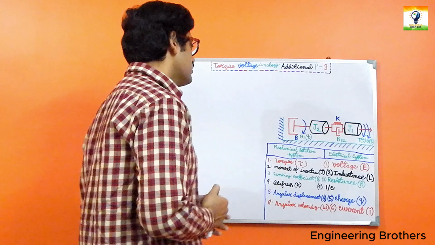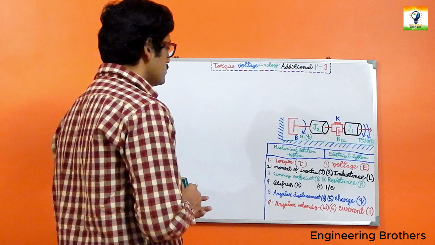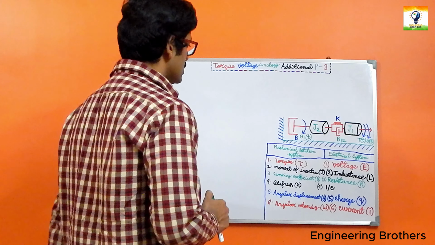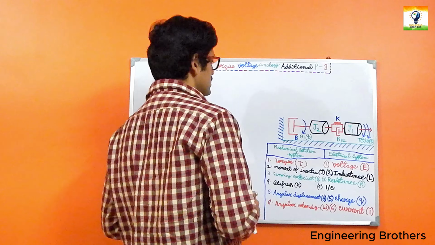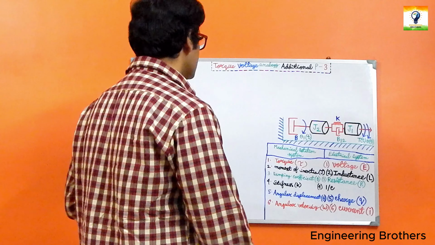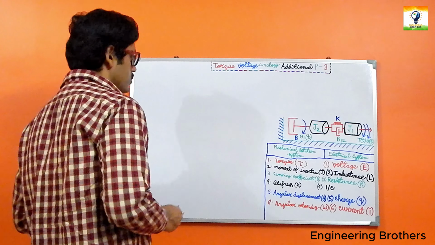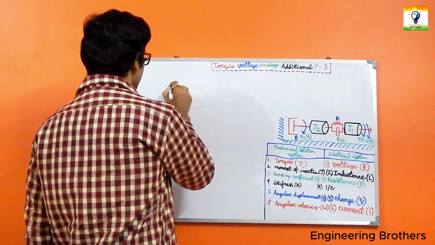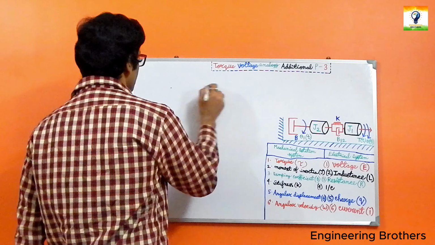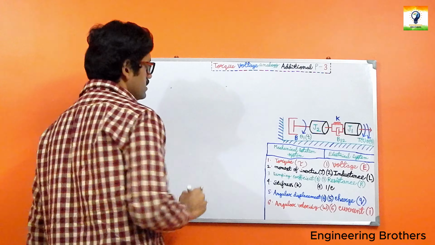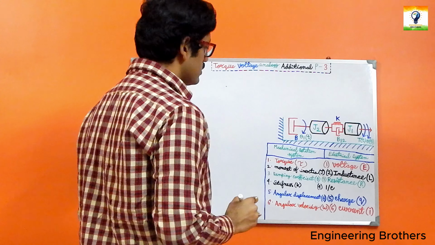So our first step, quite naturally, is to draw the nodal diagram by looking at this given conventional mechanical rotational system. To do that, we first need to note down the angular displacements.